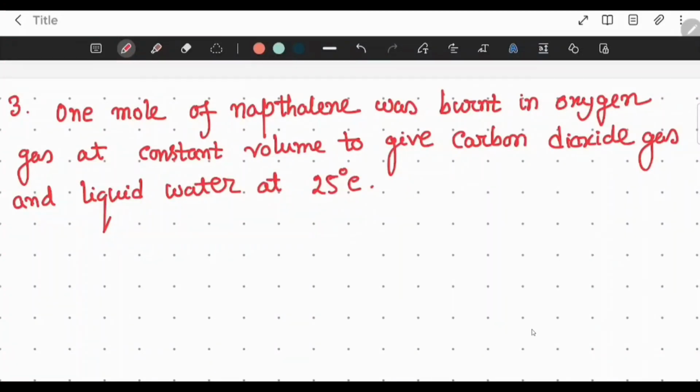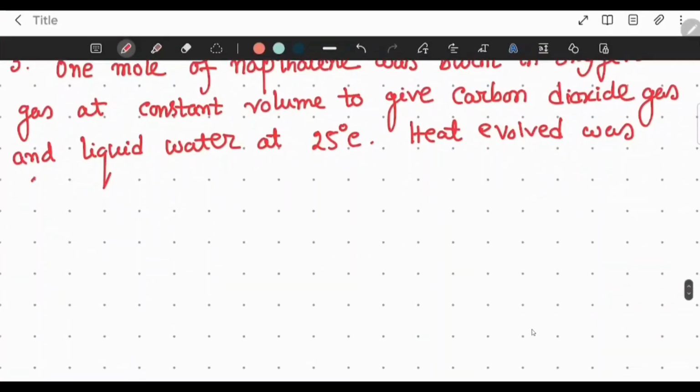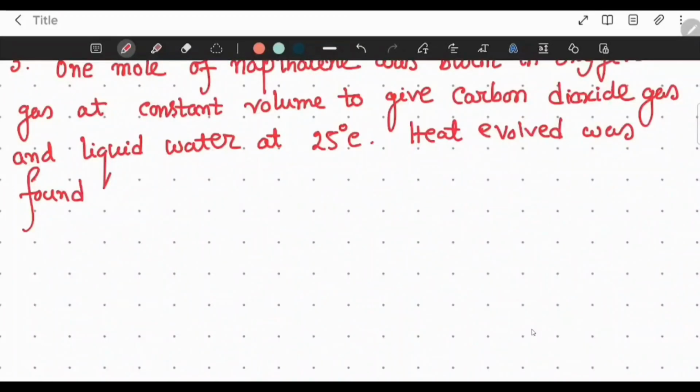The heat evolved was found to be 5138.8 kilojoule.